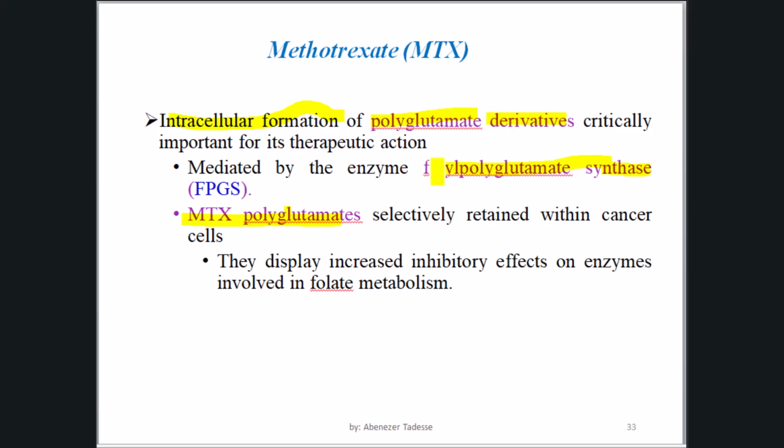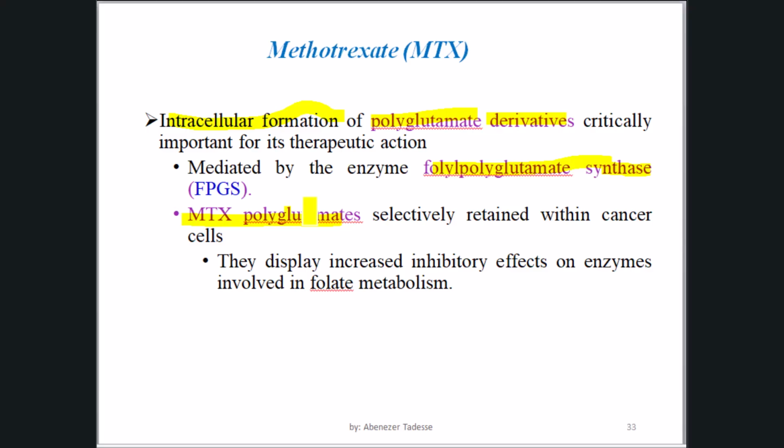But this enzyme is not much synthesized in normal cells, while expression is increased in the tumor cells.